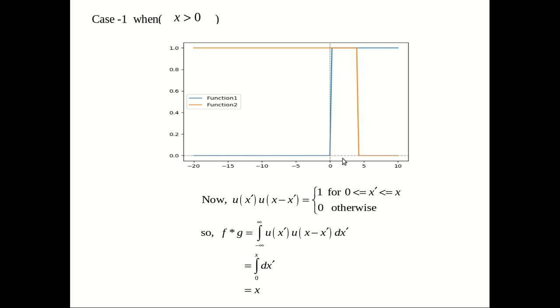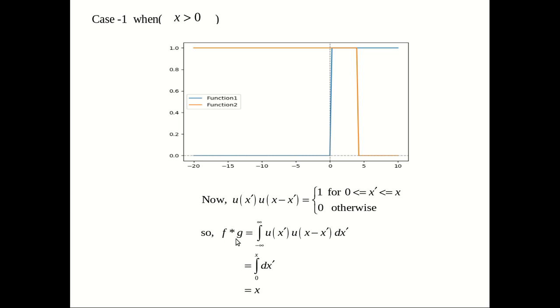And when x' is less than 0 and x' is greater than x, the product of the two functions is 0. It is clear from the diagram. So u(x') into u(x minus x') has non-zero value only for x' in between 0 and x, and in this region the product is 1.